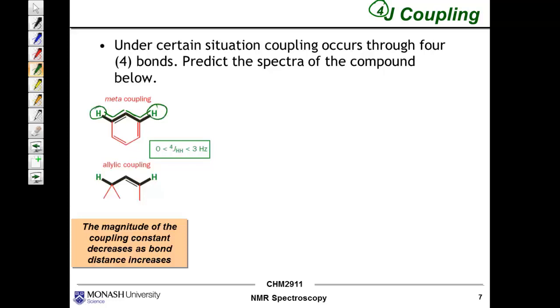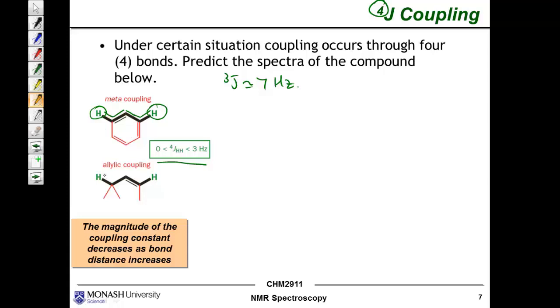Now because the distance between them is further than 3 bonds, the size of the coupling constant in frequency is also less. So these numbers are around about 0 to 3 hertz, whereas 3J is typically around about that 7 hertz number. One of the requirements to see 4J coupling is that you have some planar or sp2 nature to your molecule.